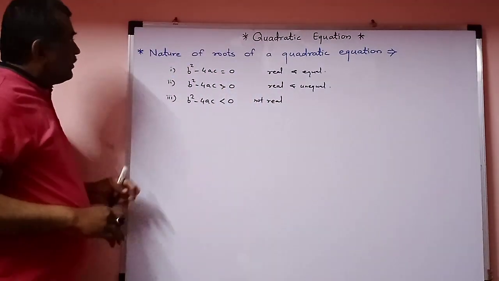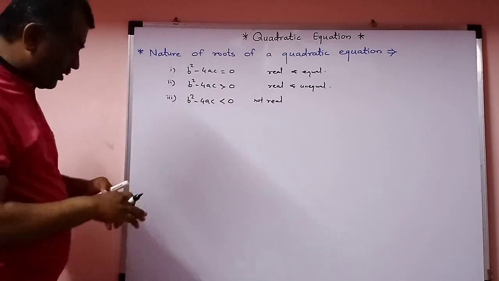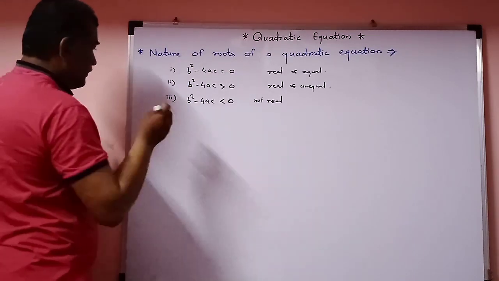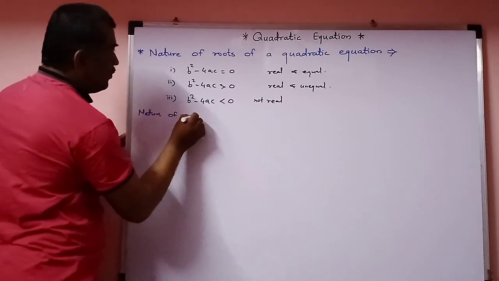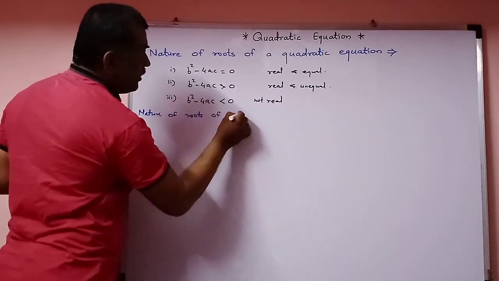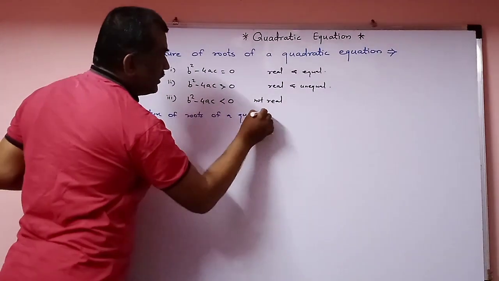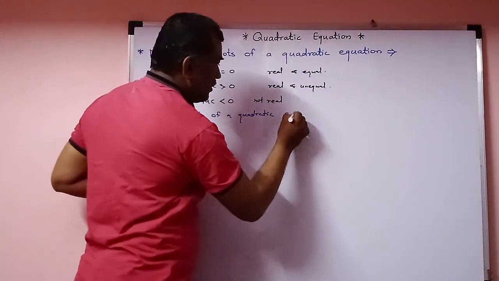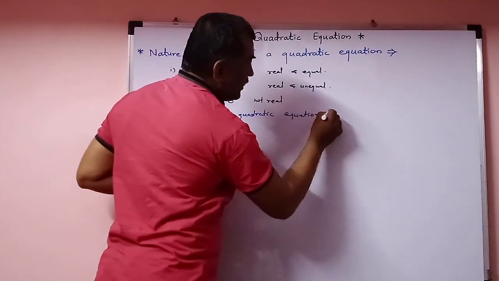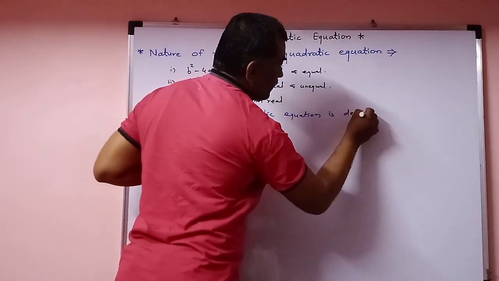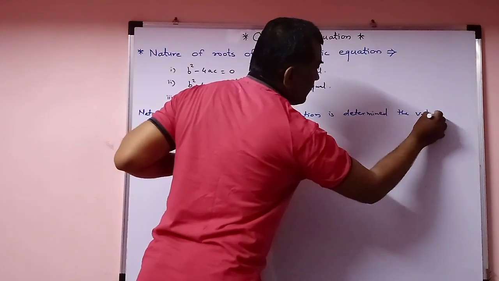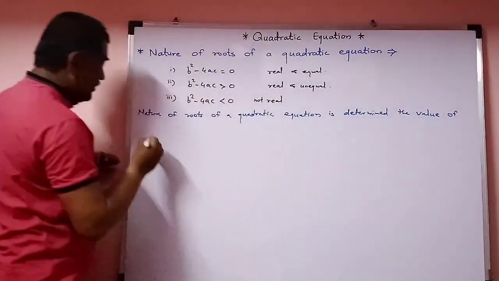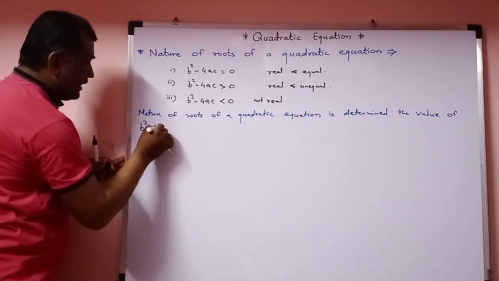Then the nature of roots of a quadratic equation is determined by the value of b square minus 4ac.